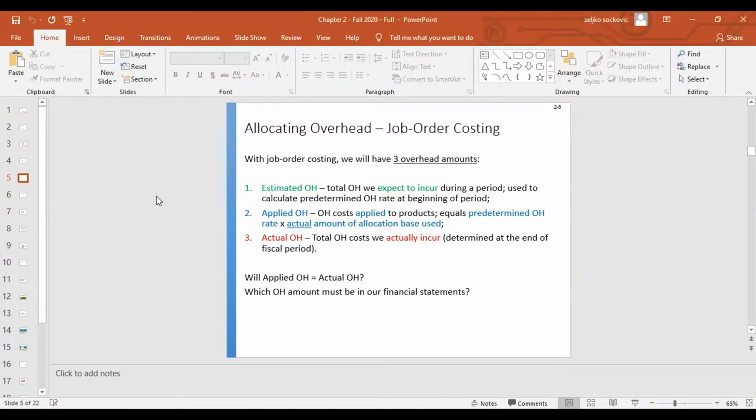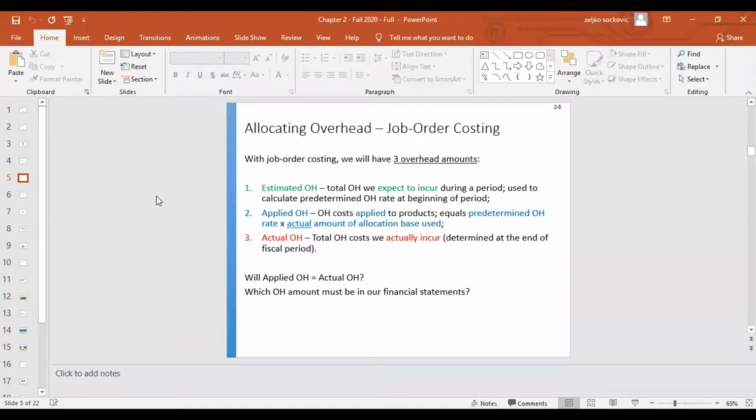But for me, it was important that you understand this idea that there's something in between estimated and actual, and why we are using this applied overhead. Why we have to bridge estimated and actual. Well, because we are making products on January 1st, and we have to put some cost into this product. How much cost?